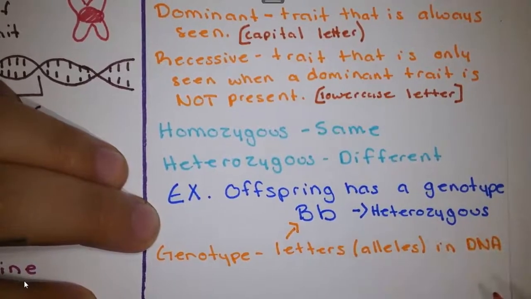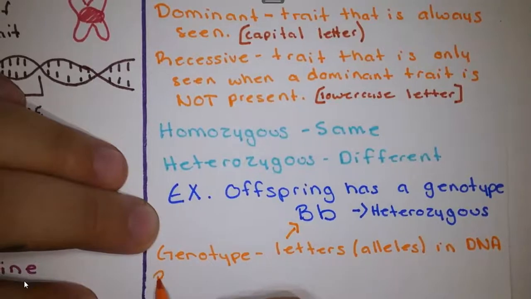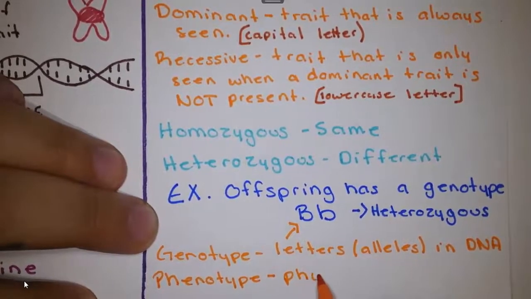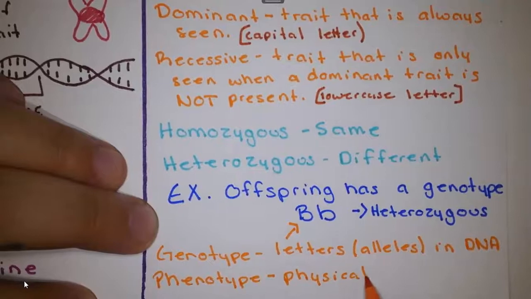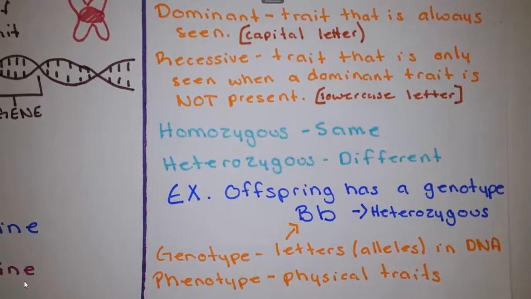Whenever I'm talking about genotype, I'm talking about the letters. And whenever I'm talking about phenotype, I'm talking about physical traits. So, how does a person look? Does it have brown eyes? Does it have blue eyes? And so on.